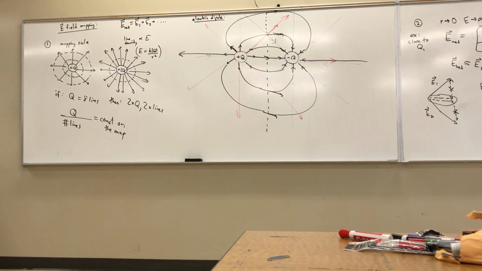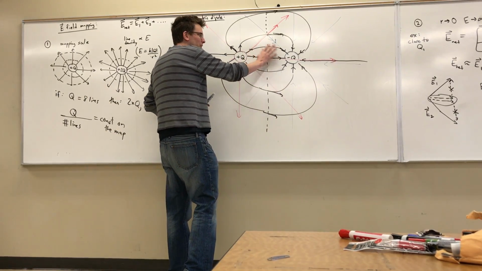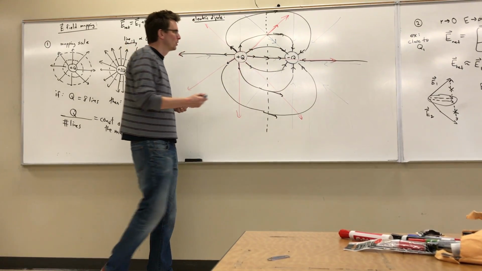So I want to point out the features. I kind of call it as having a lobey shape, okay? So it kind of has these 2 lobes. But where they ultimately came from was the vector superposition of the 2 radial fields. What we have, the features, are a relatively strong electric field in the region between them.